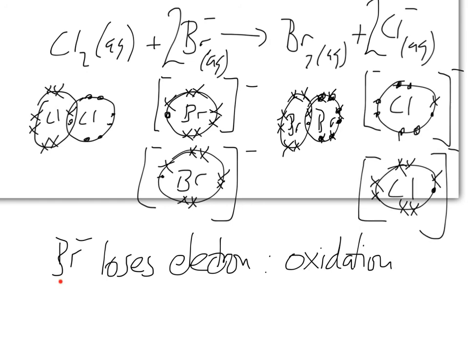So bromide loses an electron, chlorine gains an electron. Now if the reaction where an electron is lost is called oxidation, the reaction where an electron is gained is reduction.